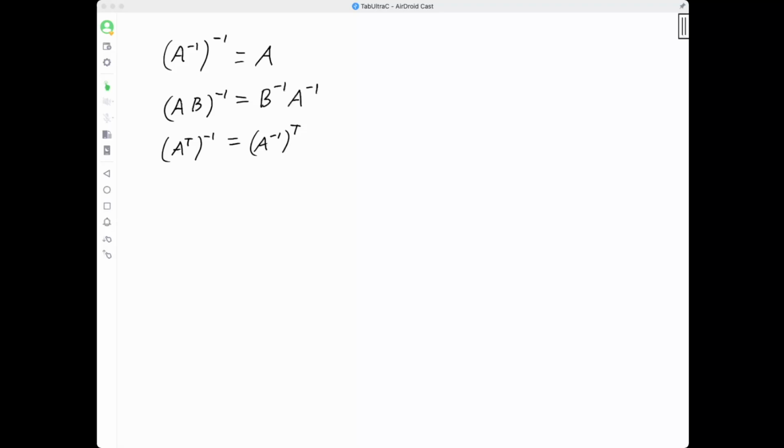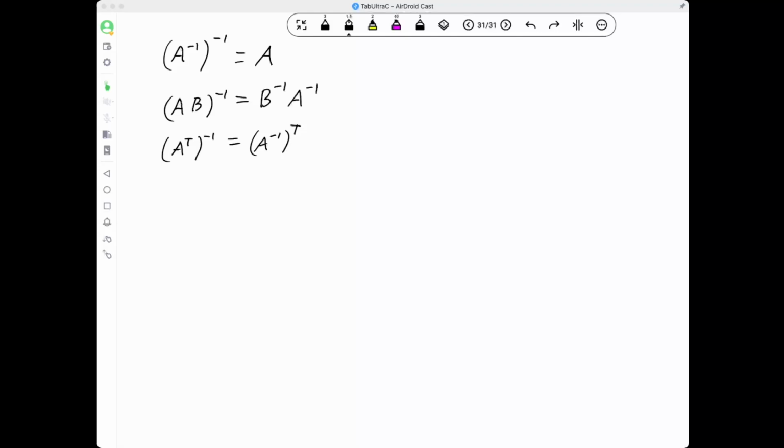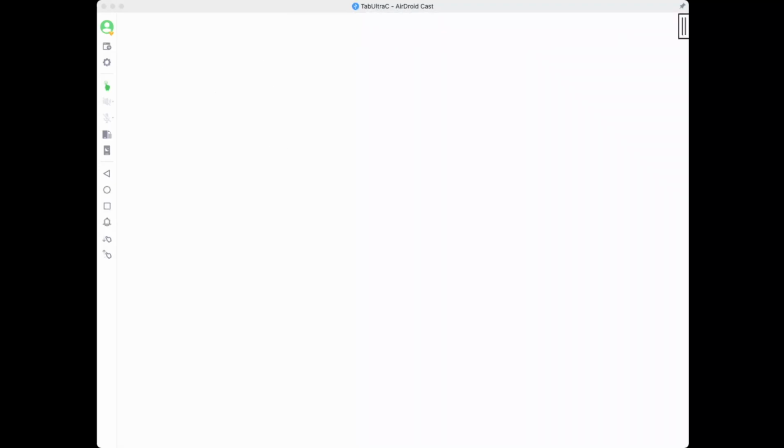We are going to spend time talking about how to know when inverse matrices exist in the next video, but I wanted to spend just a little bit of time figuring out how to find an inverse matrix. So let's do a quick way to find an inverse matrix.